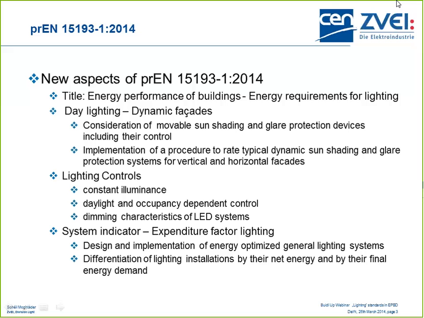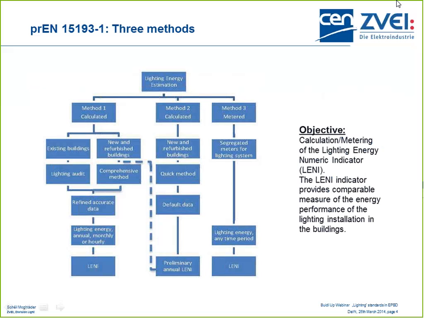So what we have in the standard, this is what I would like to show you, is that we have established 3 methods. One of them is method 3, which is a method taking the metering into account. So this means that we can see how much energy is used and how this is controlled.